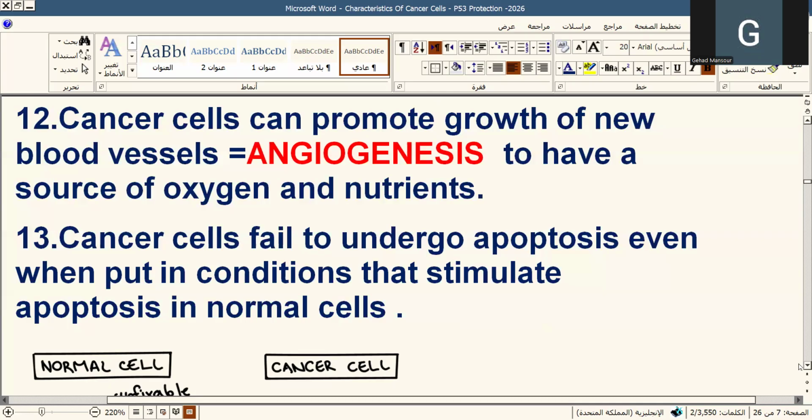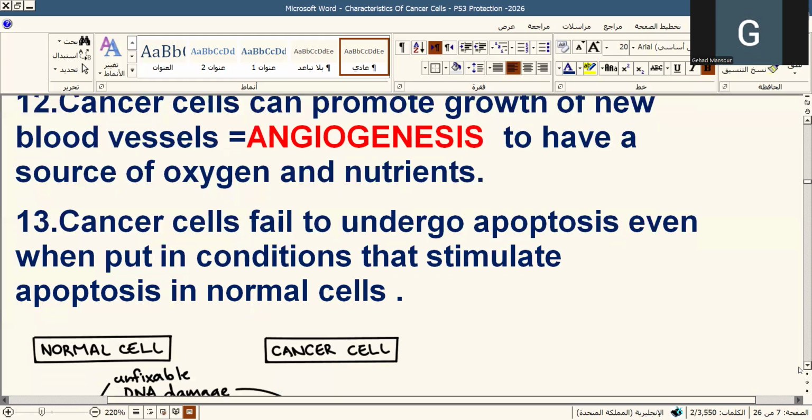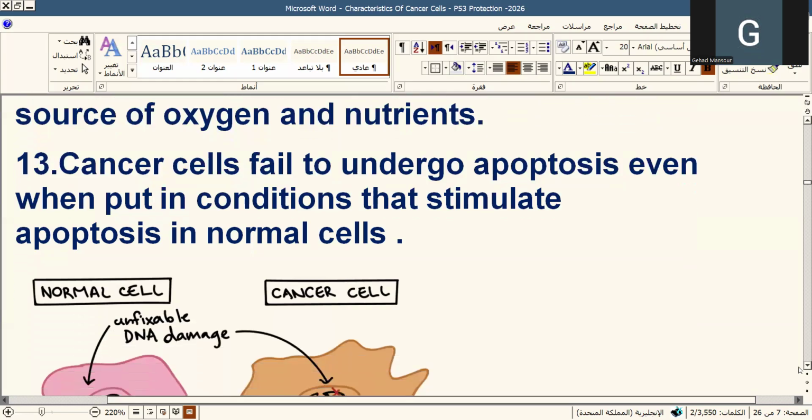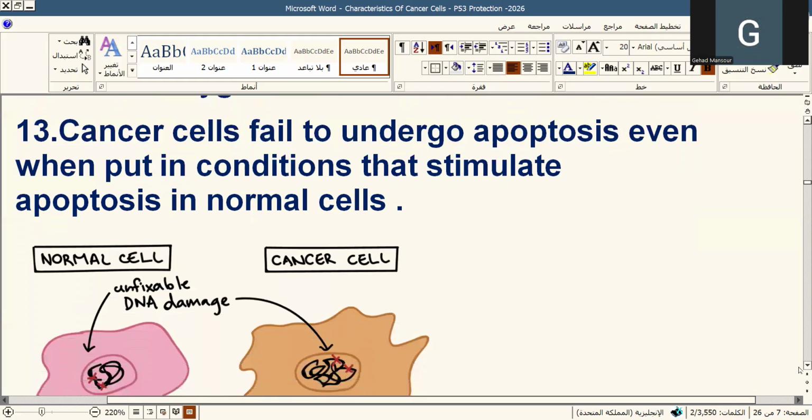So one of their mutations is to have the ability to build their own blood vessels, or what we call angiogenesis. Genesis means formation, and angio means blood vessels, to have a source of oxygen and nutrients.